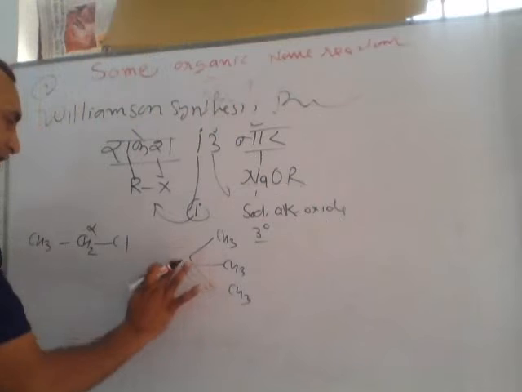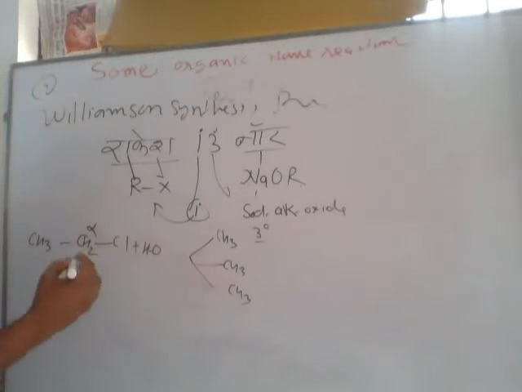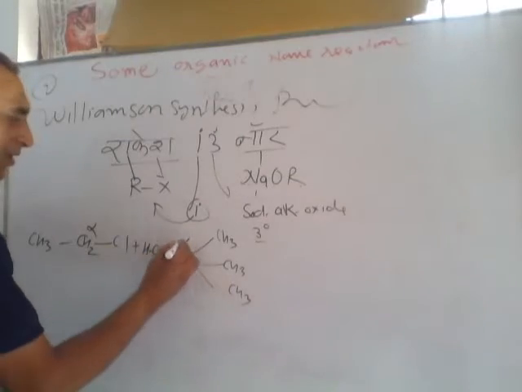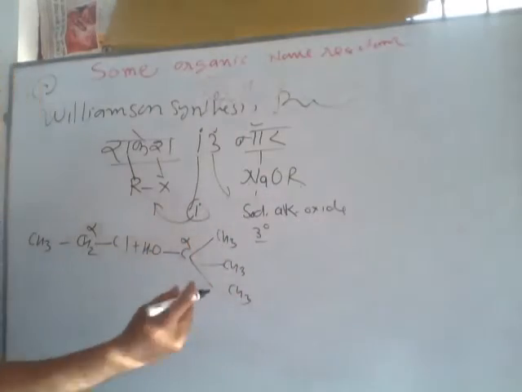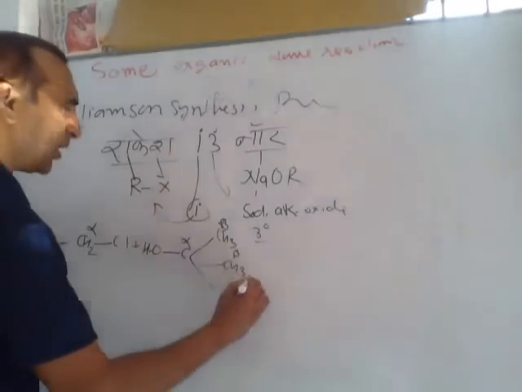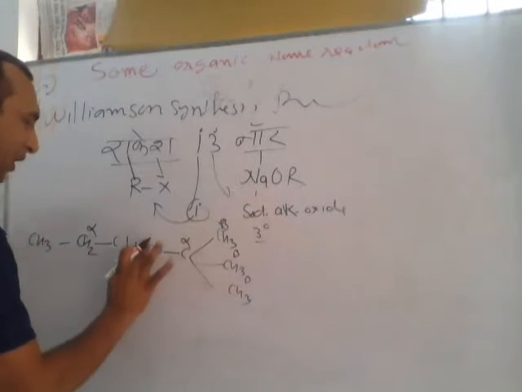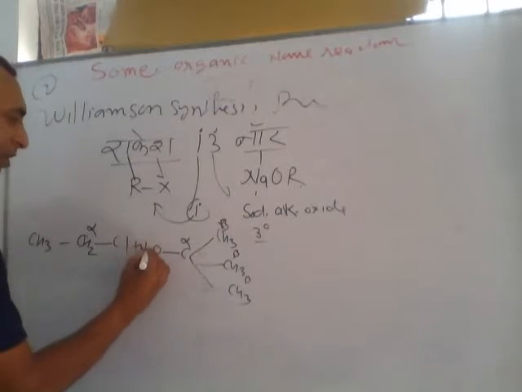What is alpha carbon? Listen. Suppose this is the OH functional group, this carbon is alpha, and there are 3 beta directly connected to alpha. So there are 3 beta, meaning it is tertiary, but we are using sodium salt. So here you write Na, meaning sodium salt.